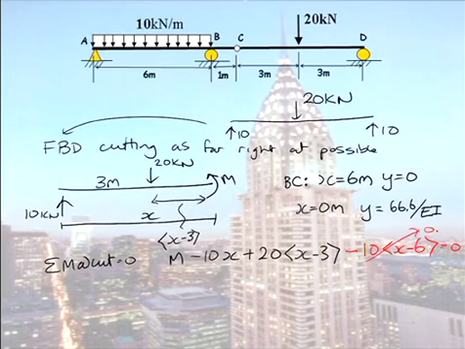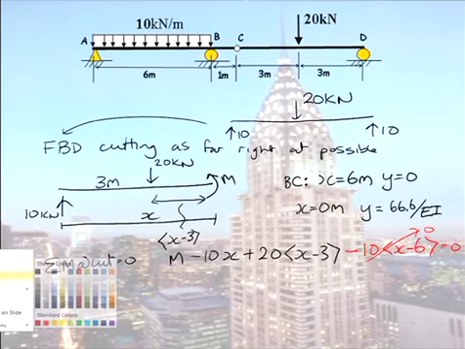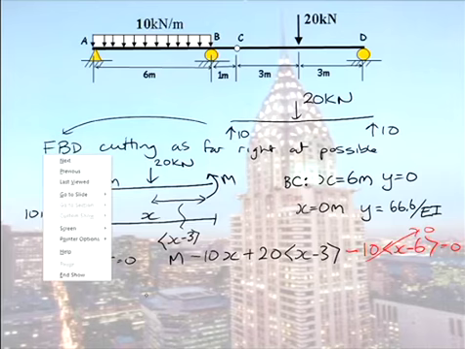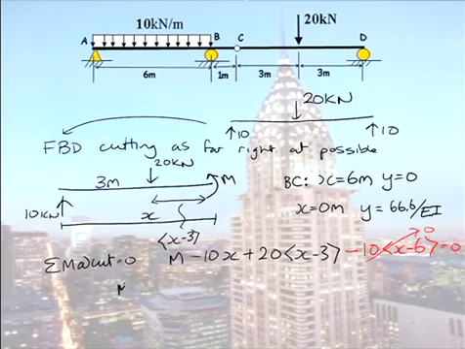The effect of it is in the other reactions. Okay, so we have our expression for our moment, which we now equate to EI times our curvature.